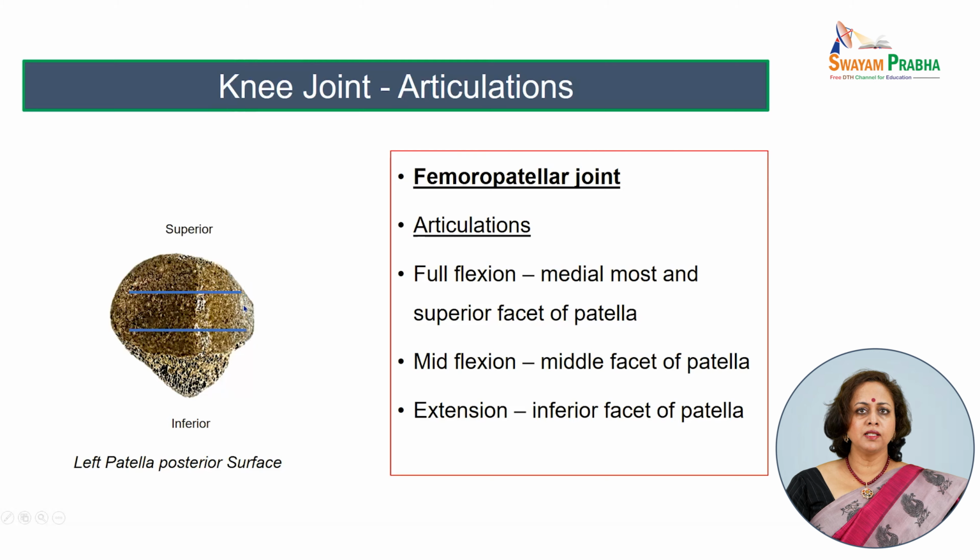In mid flexion, it's very easy to remember, the middle facet is in contact with the femoral condyles. In extension, it is only the inferior facet which is in contact with the femoral condyles. So the articulation of the patella with the femur depends on which stage of flexion or extension you are talking about.